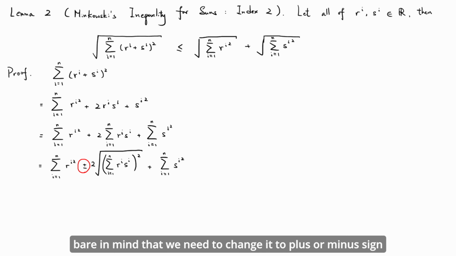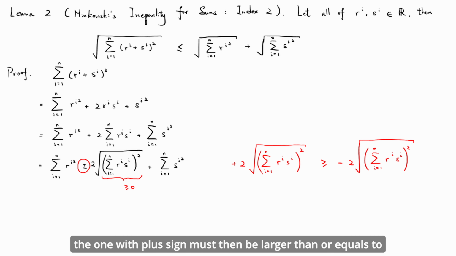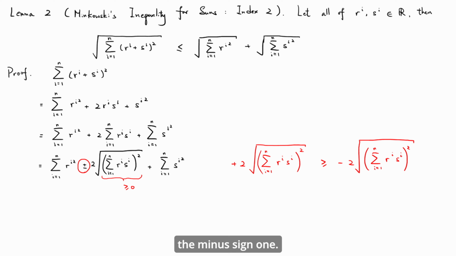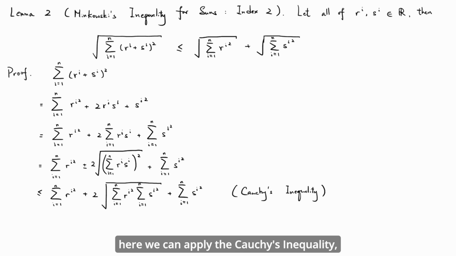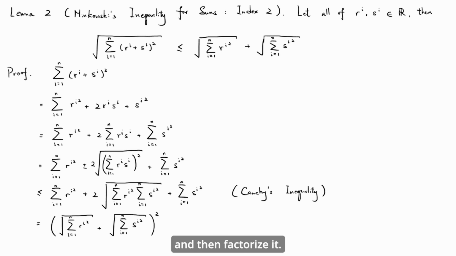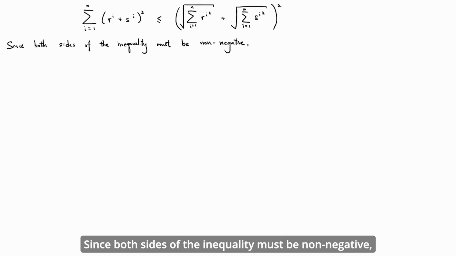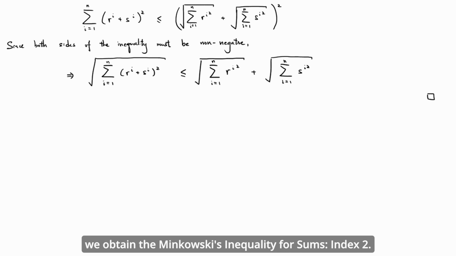Bear in mind that we need to change it to a plus or minus sign in front. Since the term inside the square root must be larger than or equal to 0, the one with plus sign must be larger than or equal to the minus sign one. Thus, here we can apply Cauchy's inequality and then factorize it. Since both sides of the inequality must be non-negative, we obtain Minkowski's inequality for sums, index 2.